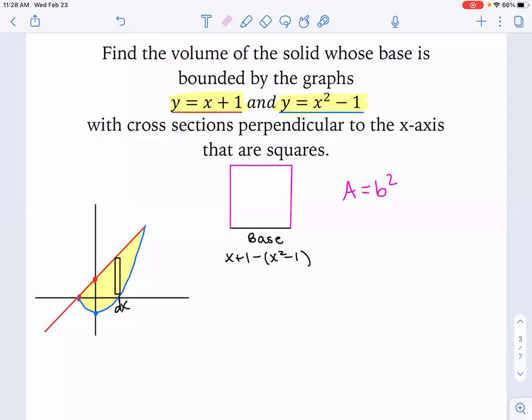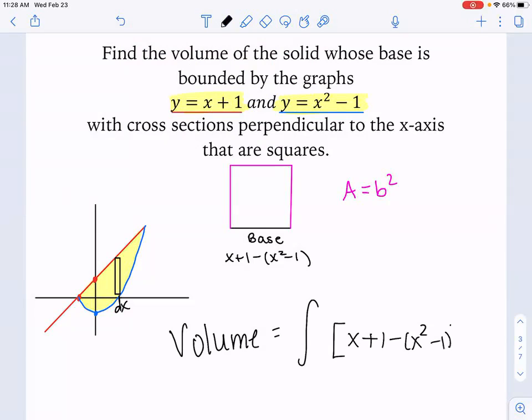So when we go to write our volume, we have the integral of our area times dx, which is the height. Now if you want to make that look prettier for the base, that's fine, like if you actually want to distribute the negative and combine like terms, but I don't really care.